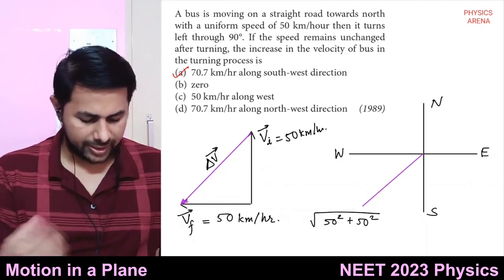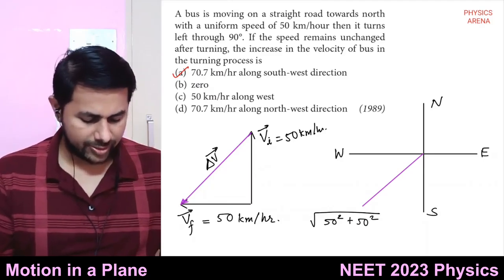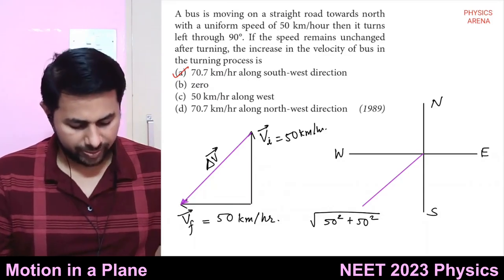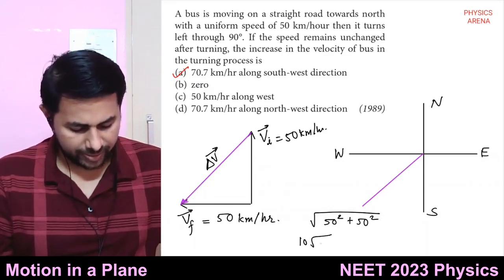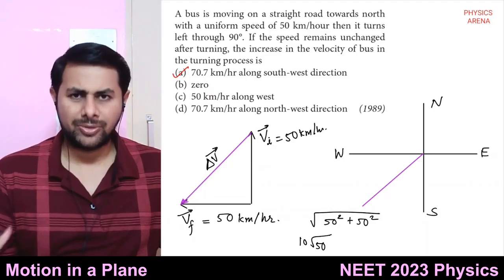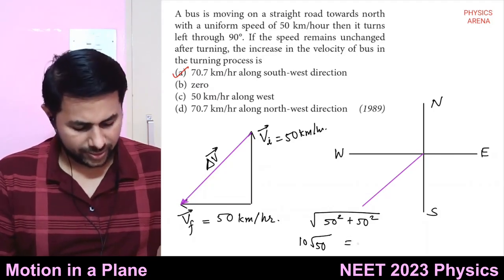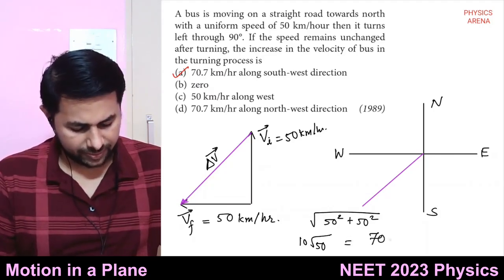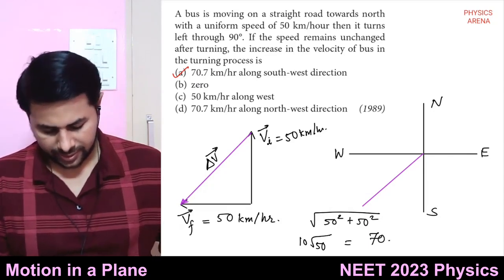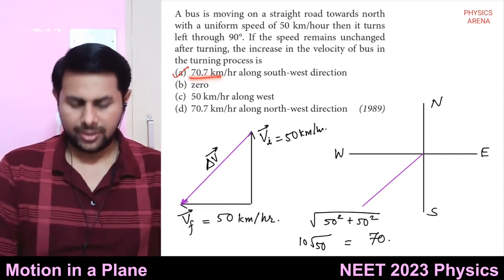You can take 10 outside, so it will be 10 multiplied by the square root of 50, which is about 7 point something. So 7 times 10, 70 point something, so 70.7 kilometers per hour.